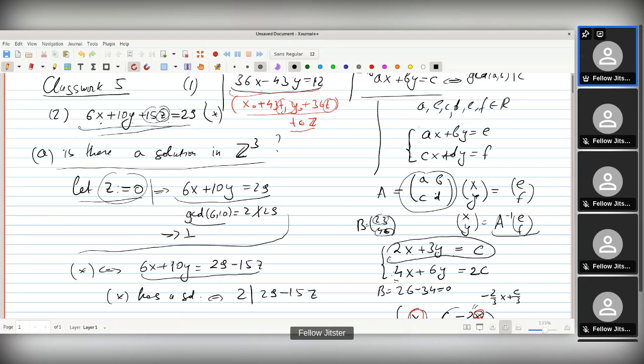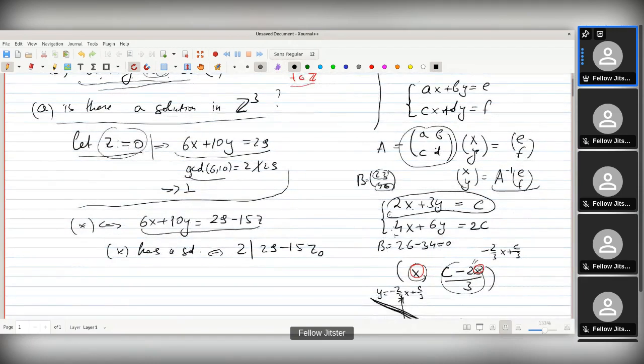Or better, we may put it the following way. It has a solution where z equals some fixed value z0, if and only if this value is even. Can we make it even?